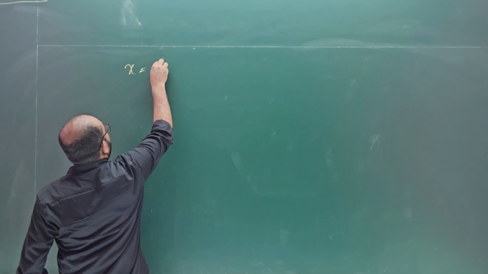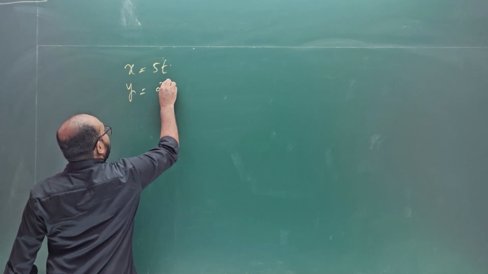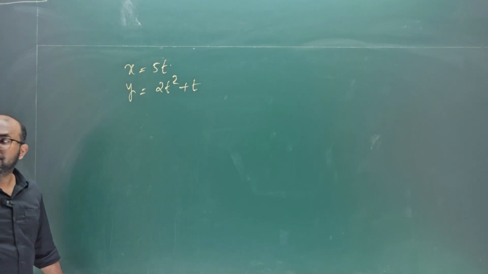The horizontal and vertical displacement of a particle moving along a curved line are given by x is equal to pi t, and y is equal to 2t square plus t.